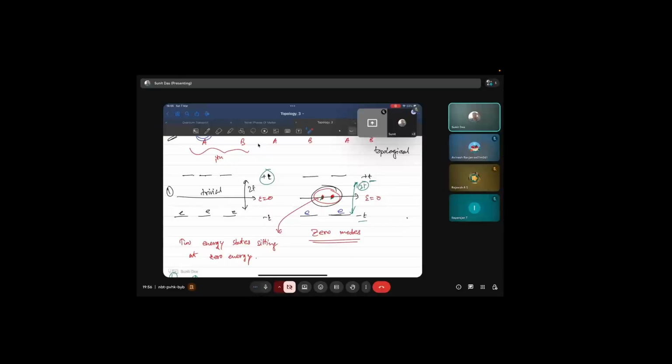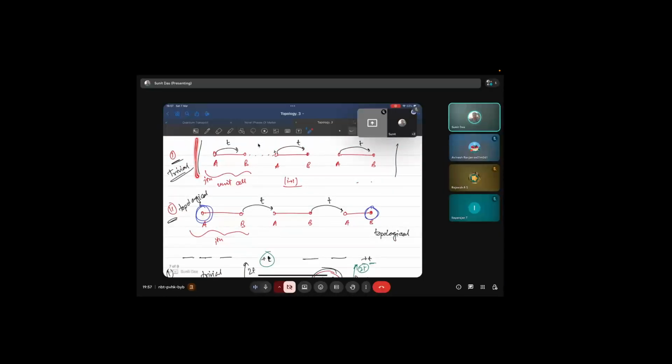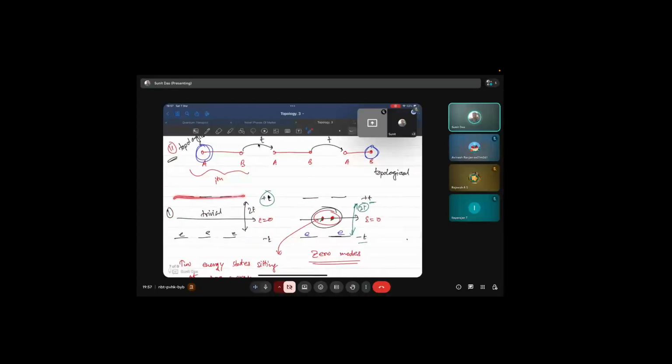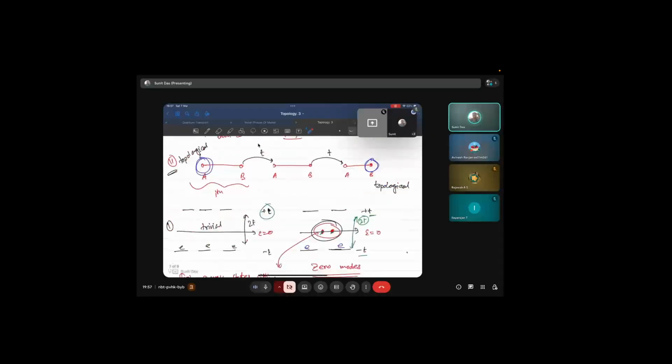case. Once you consider a finite chain, the system has a physical edge, they are not infinite. If you are in the trivial case, then again things look very similar to the periodic case. But if you are in the topological limit, you have a finite edge at the sample, and then what you see is that along with the conventional energy bands, there are two extra, not extra, but two states that actually live at zero energy.